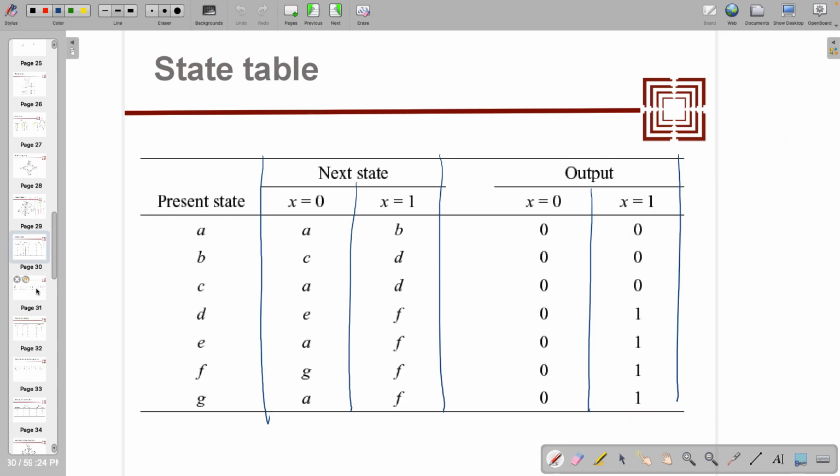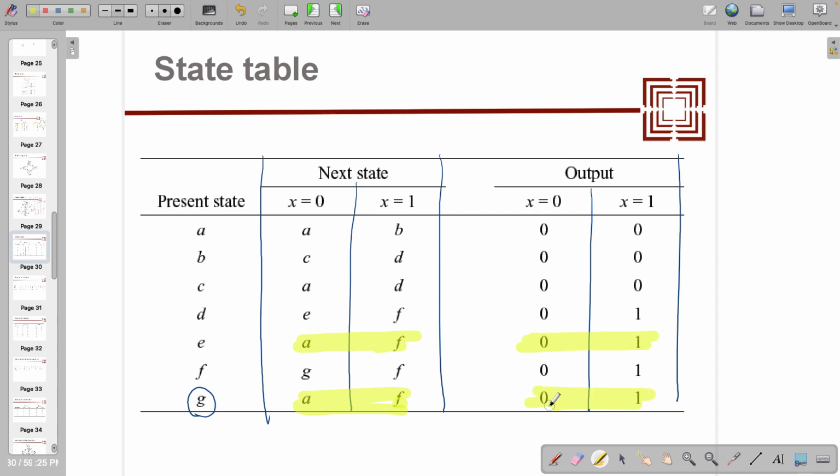Now let's observe some of the states. Some of the states are identical to each other, like G state has A and F. At the same time you need to look at the outputs also.